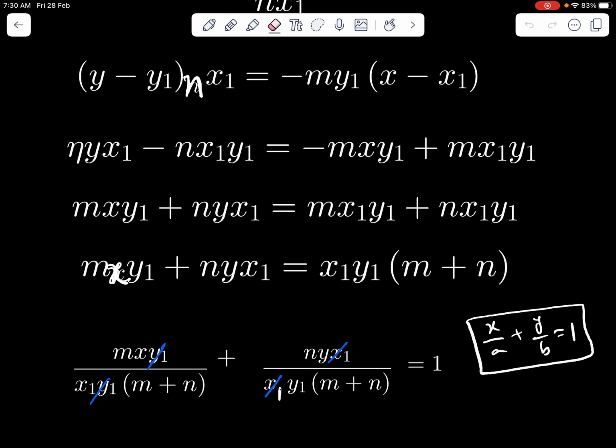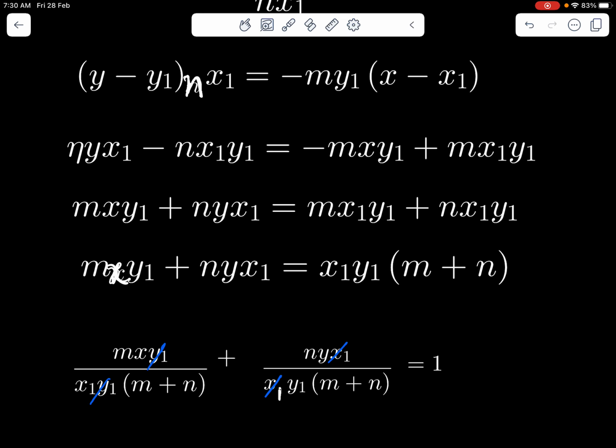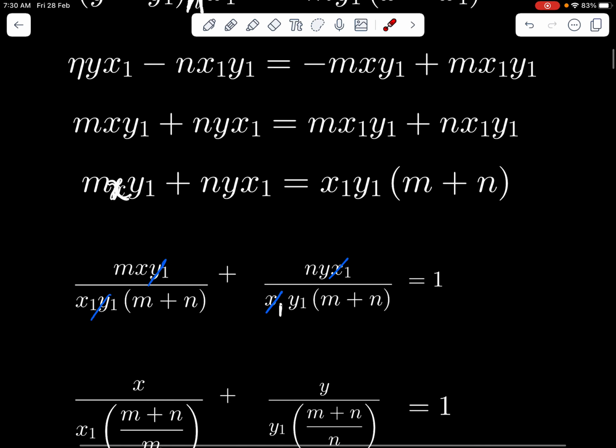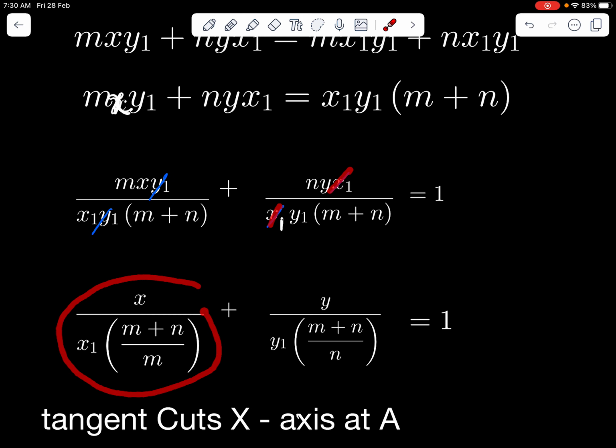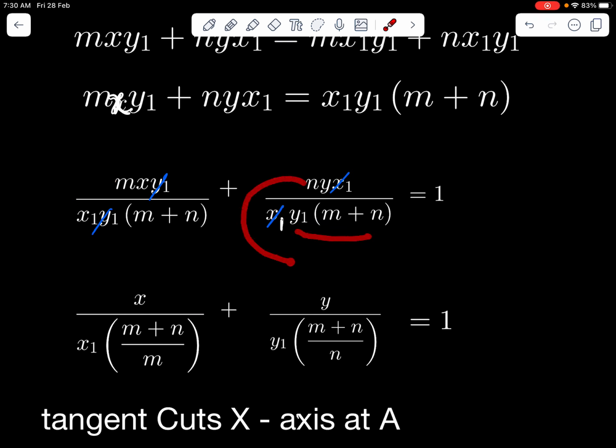Divide with x1 y1 (m + n). Therefore, y1 cancels, x1 cancels. Therefore, it is in the form of (x/x1)((m)/(m+n)) + (y/y1)((n)/(m+n)) = 1, that is, x/(x1(m+n)/m) + y/(y1(m+n)/n) = 1.